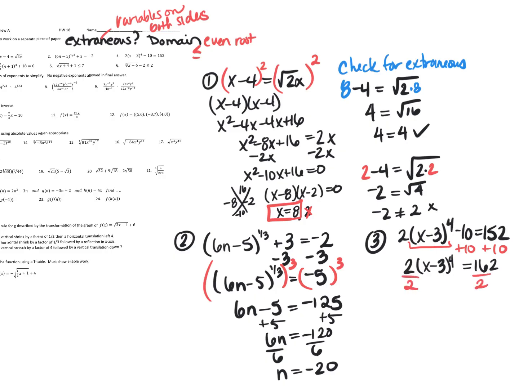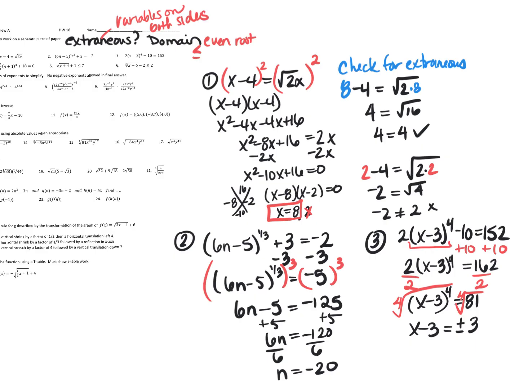Divide by the 2 in front. (x minus 3) to the 4th equals 81. And to get rid of the 4th power, I'm going to take the 4th root of both sides. So I get x minus 3 equals plus or minus 3.